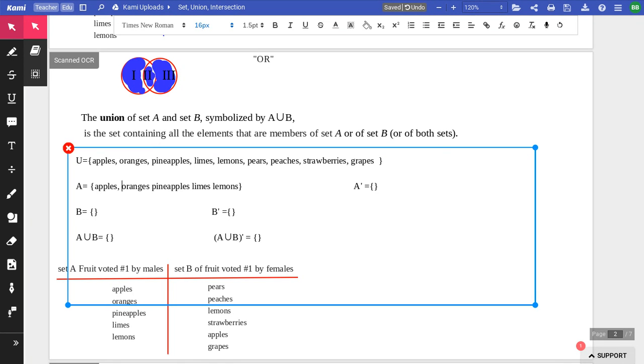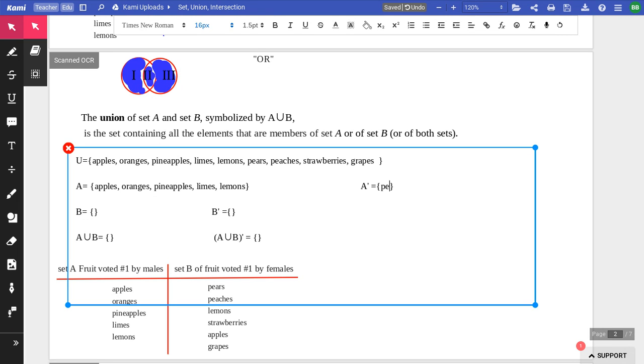Then you have to look at what's not in A. So apples, oranges, pineapples, limes, lemons are in A. Therefore, what's not in A?